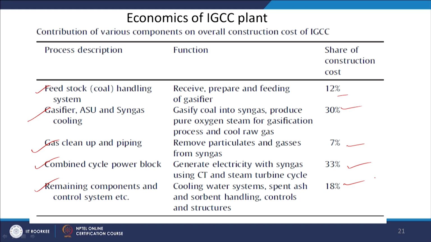So, these are the contributions of different parts of the gasification units to the overall construction cost. So, thank you very much for your patience.